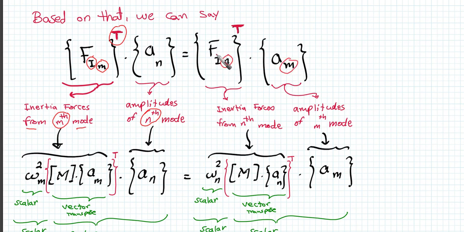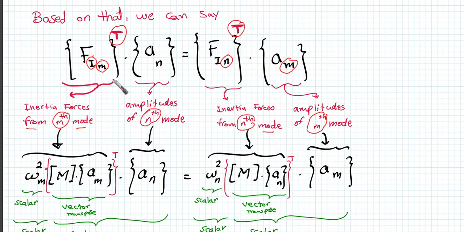So the inertia forces coming from the nth mode, remember that is transpose, times this vector, which is the vector of amplitudes of the mth mode. Okay, that's very well, and we understand it well.